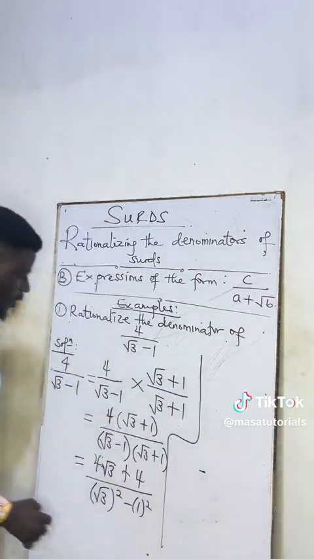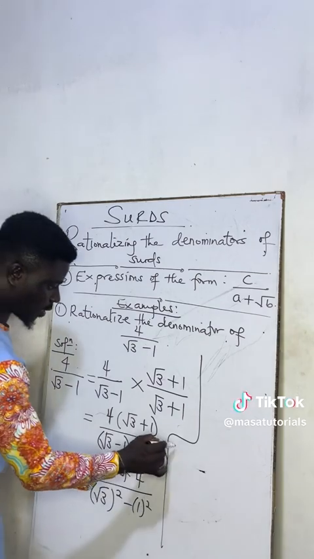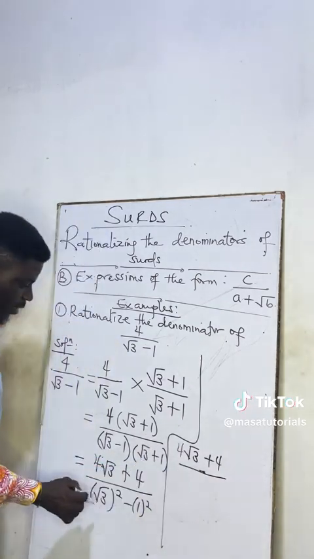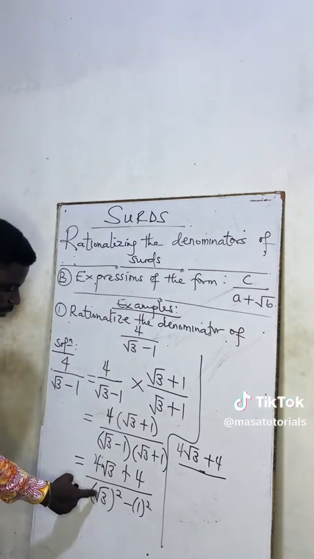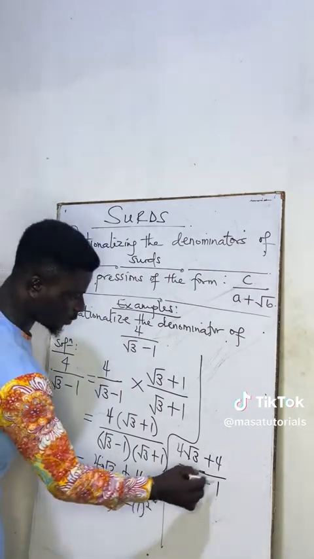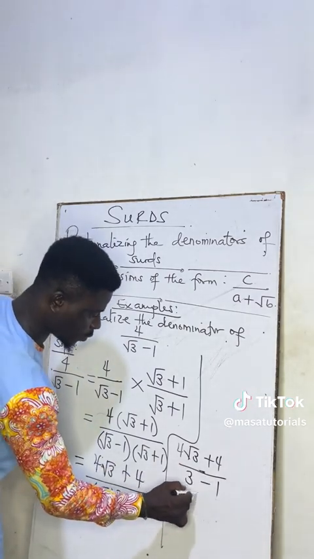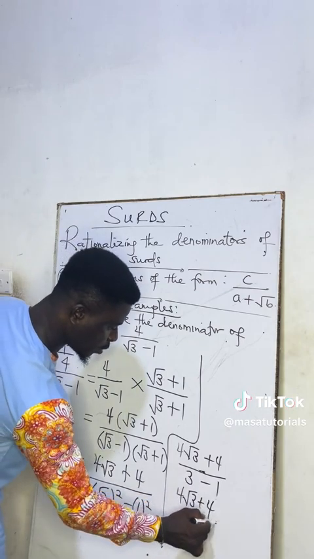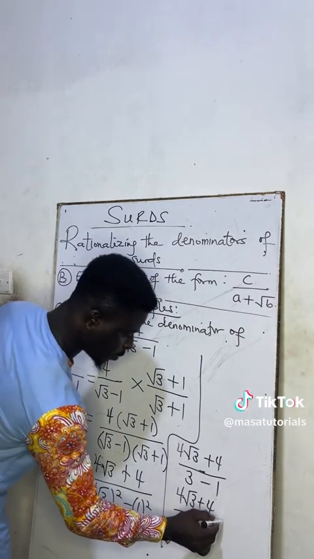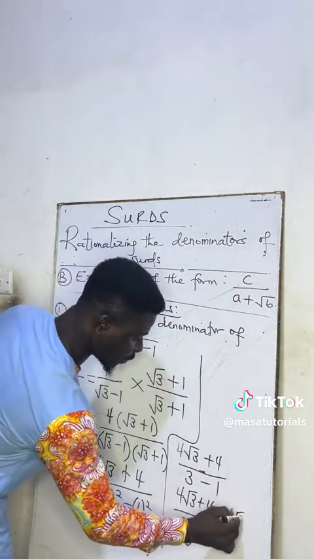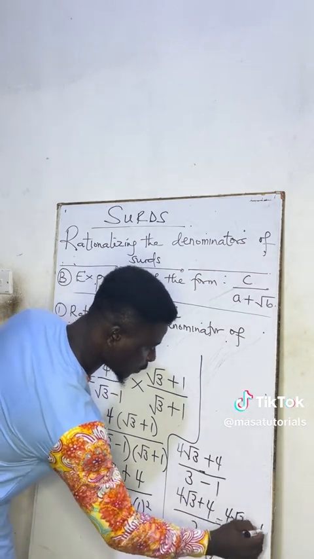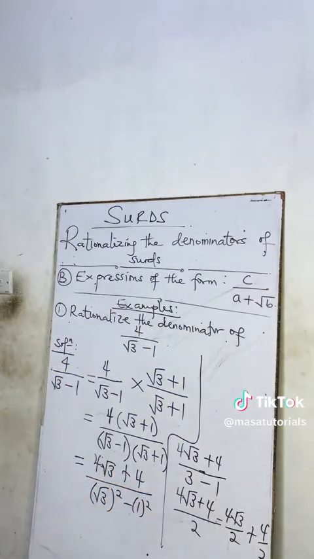Okay, so let's continue, which will have 4 square root of 3 plus 4 all over, the square takes away the square root, we have 3 minus 1. Now, this will give us 4 square root of 3 plus 4 all over 2. We can split, where we get 4 square root of 3 over 2 plus 4 over 2.